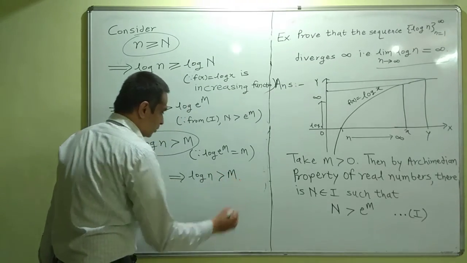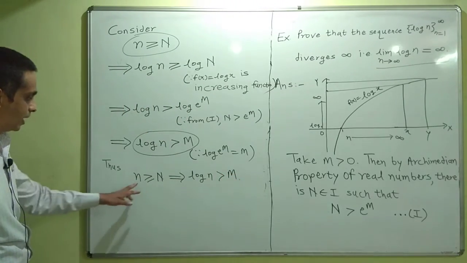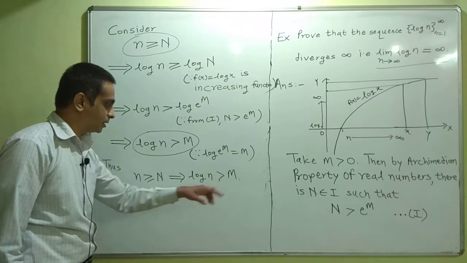For any given positive integer m, we have found n such that log n is greater than m.